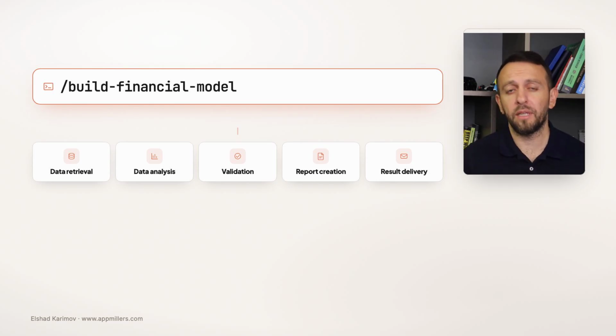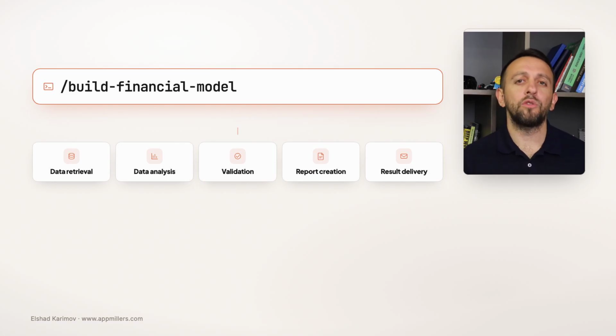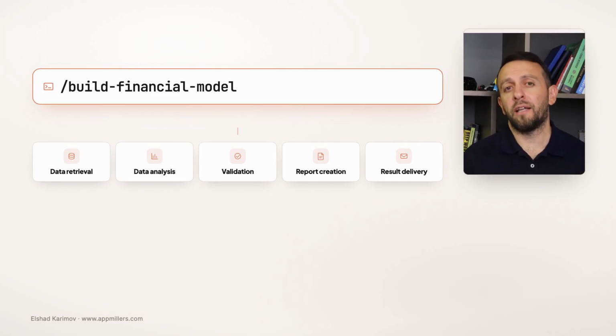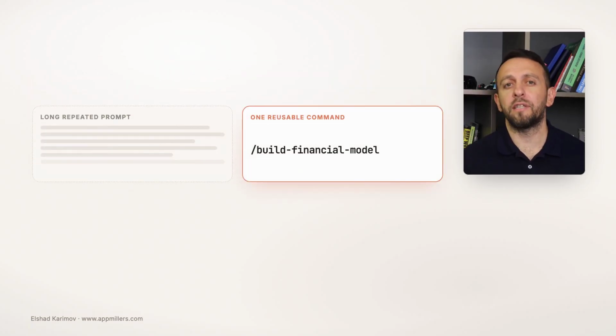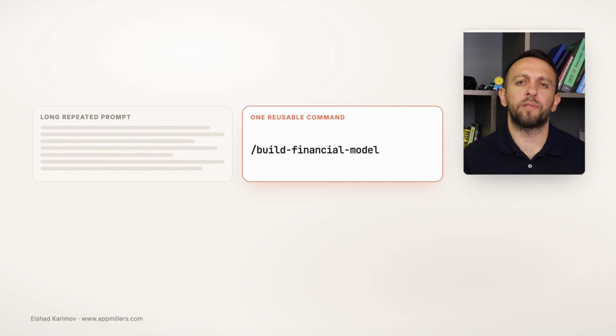Behind that one command, Claude already knows the workflow, it knows where to get the data, it knows which skills to use, and it knows how to analyze the information. And it knows how to create a report, and potentially through connectors, it can even deliver the results somewhere else. So instead of writing a huge prompt every time, you trigger the workflow with one command. That's a very different way of working with AI.